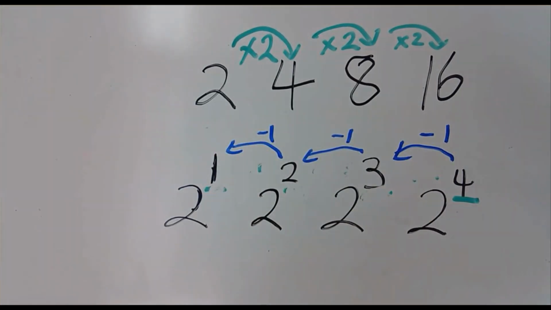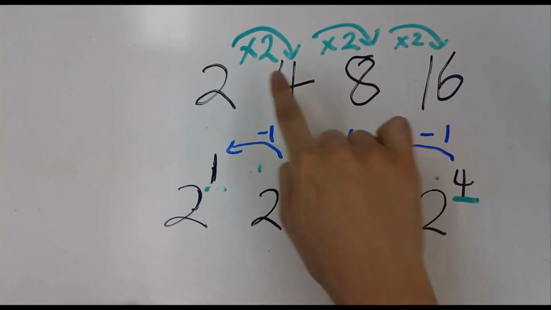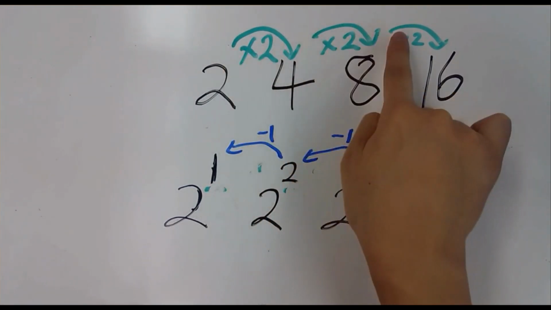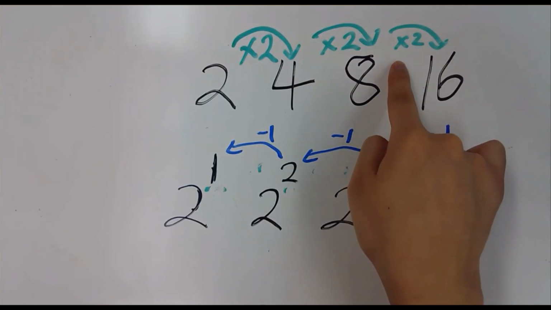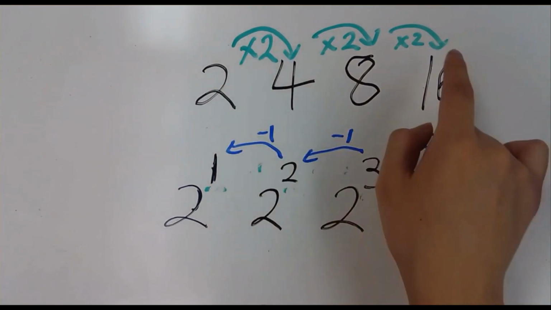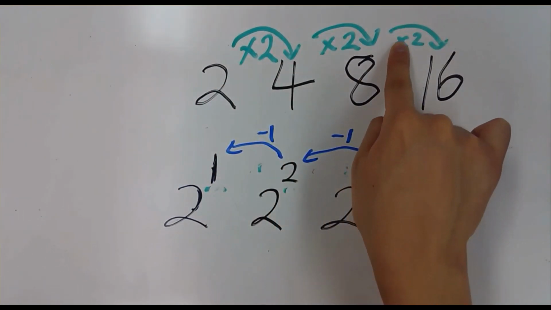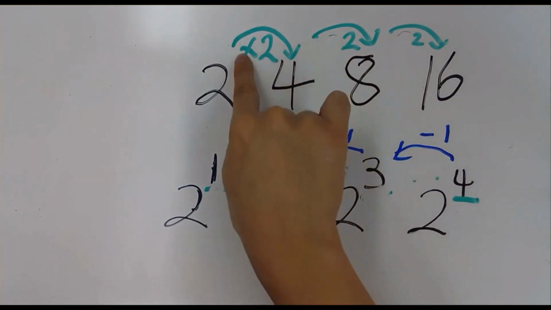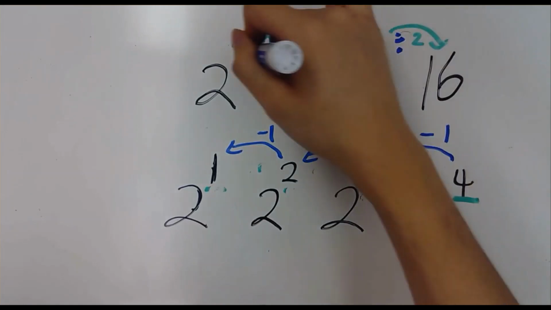So we are doing the opposite of what happened before. So then what's going to happen up top here? Before, when we were going in this direction, we were multiplying by 2. Now that we're going the other way, which is the opposite direction, we have to do the opposite of times 2, which would change times 2 to divide by 2.